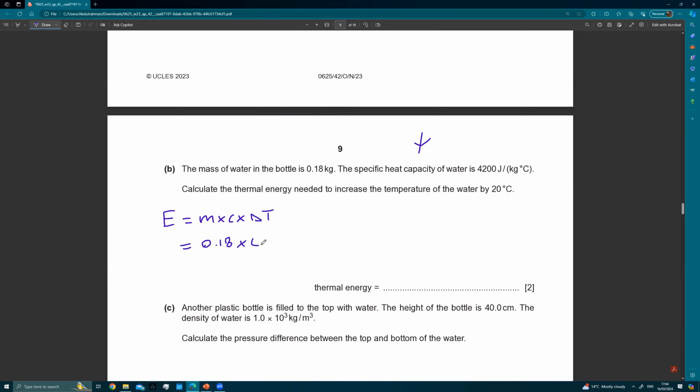The specific heat capacity is 4,200. And your change in temperature is 20 because it increased by 20. So multiplied by 20. This gives us, in standard form, 1.5 times 10 to the 4. Don't forget a unit, which is joules.